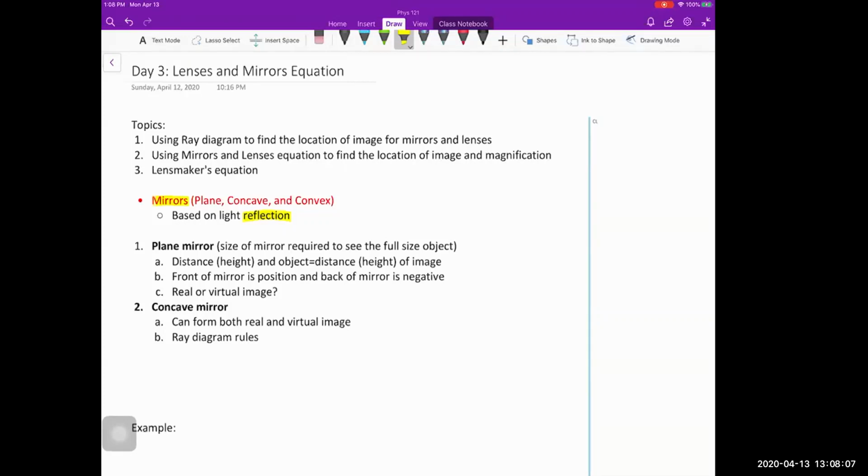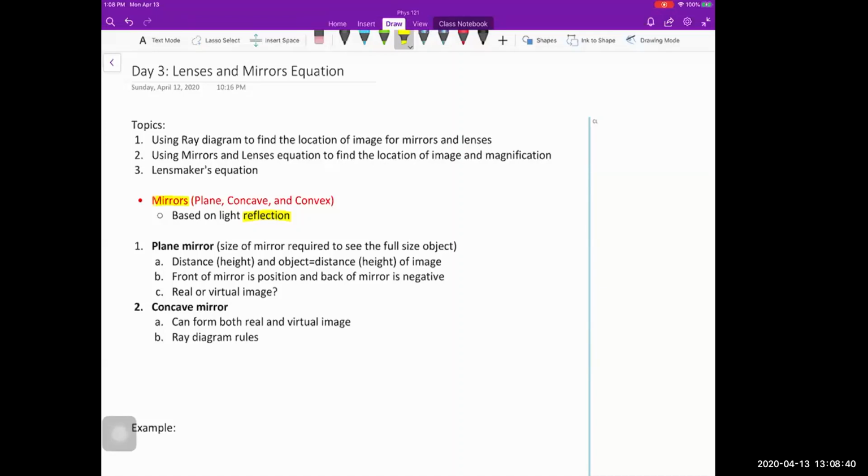It's not the real image, but you can see it because you can see yourself standing inside of the mirror, on the back of the mirror, which is not possible, but that is the image you see. The reason we can see it is because our brain is going to interpret that light is actually coming from the back of the mirror. Even though it's not possible, that's how our brain will interpret that. So that's why we call it a virtual image.